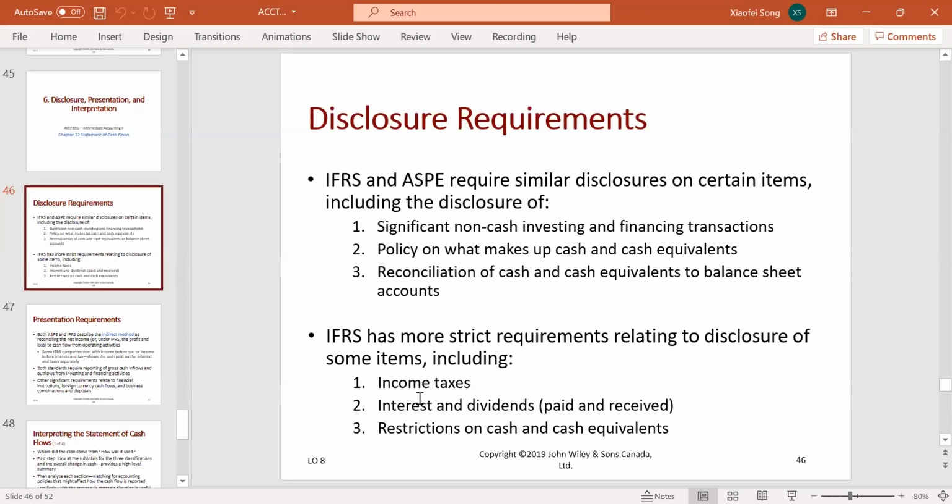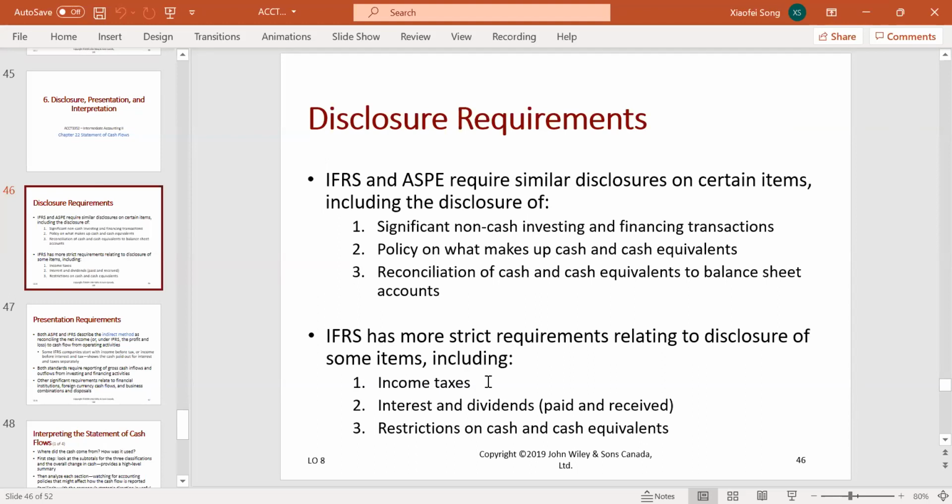It doesn't matter where it is reported as long as it is reported, right? So in the direct method, the tax and interest paid is always there in the operating activity section already, so you don't need to disclose it anymore.